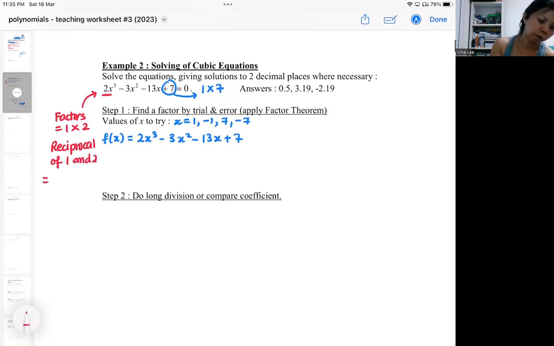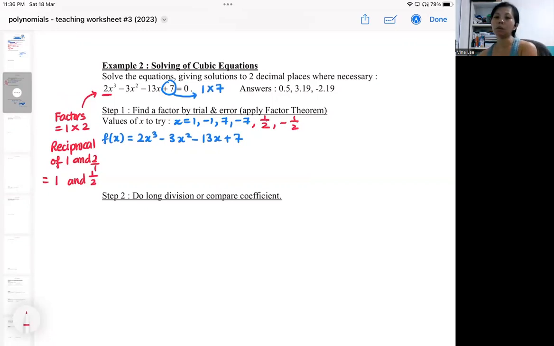If you take the reciprocal of 1, you still get 1. But if you take the reciprocal of 2, you will get a half. So you have more numbers you can try, but these are not whole numbers, they are fractions. You can try a half, or minus a half.